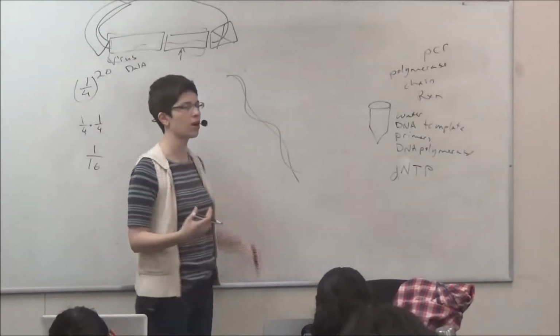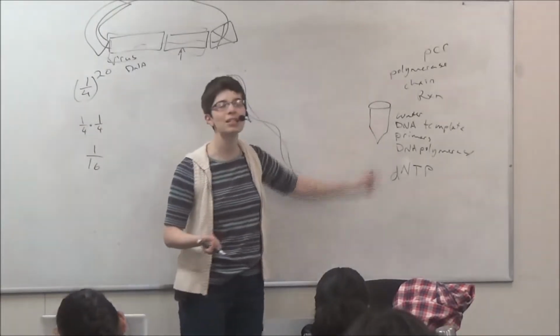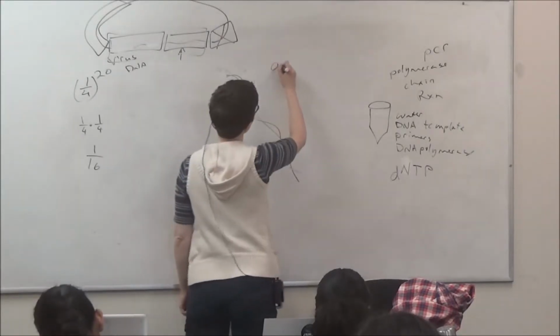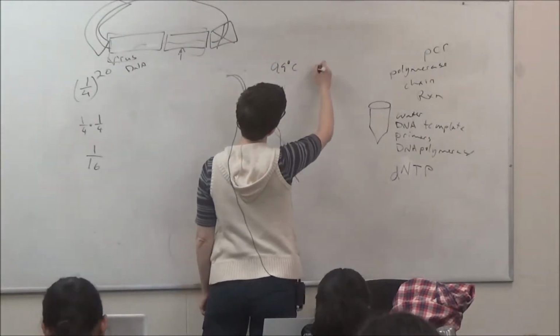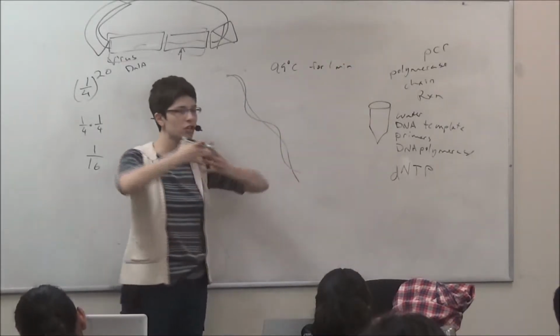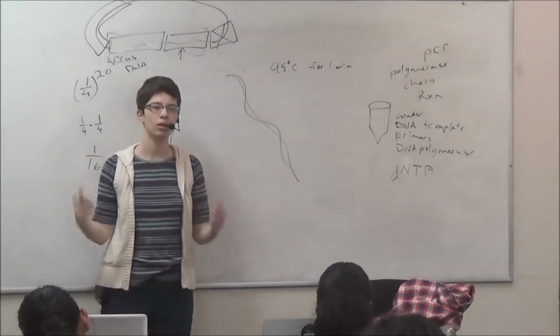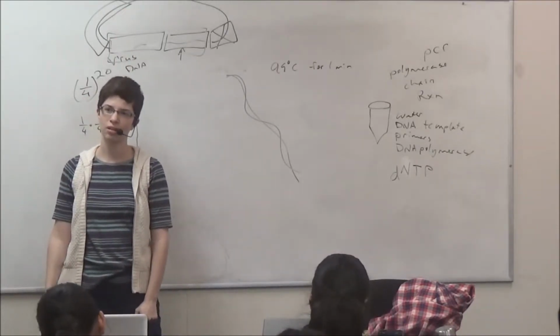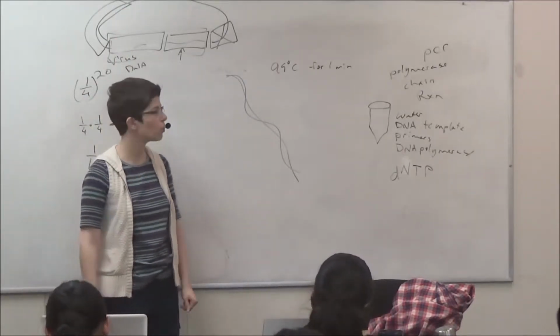Helicase breaks hydrogen bonds. But this is a test tube. All you got to do is boil it. If you boil it at 99 degrees Celsius for 1 minute, all those hydrogen bonds are just going to break on their own. Win! Skipped a bunch of enzymes. Good. By boiling.